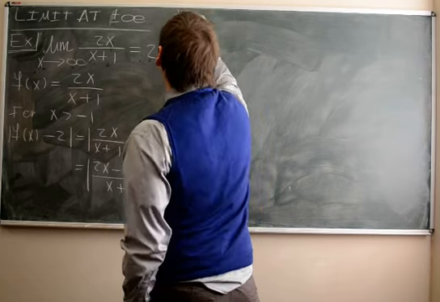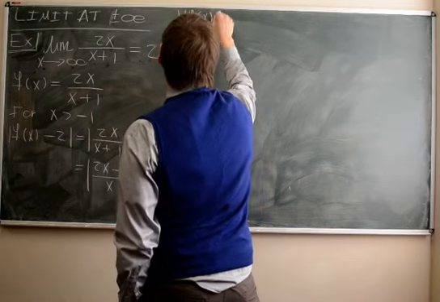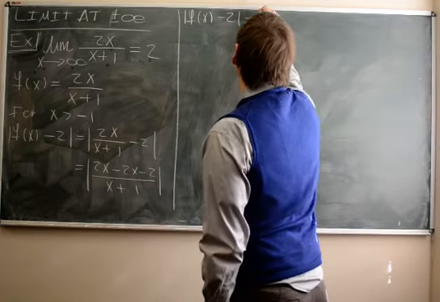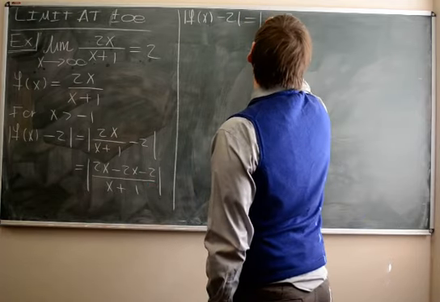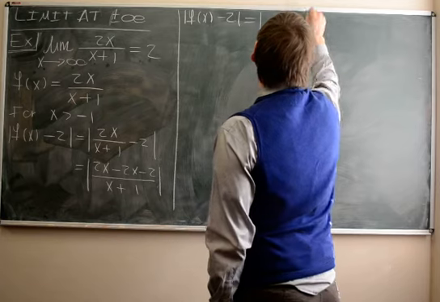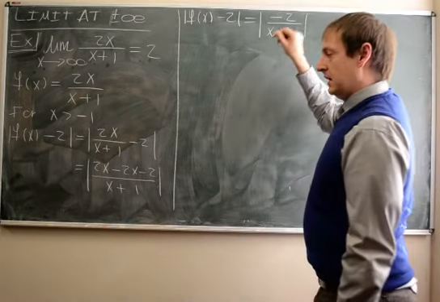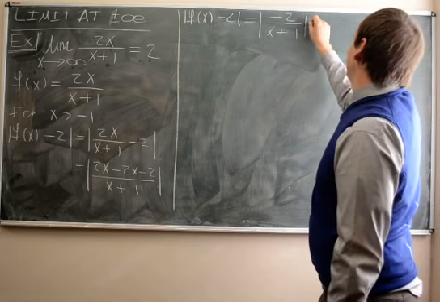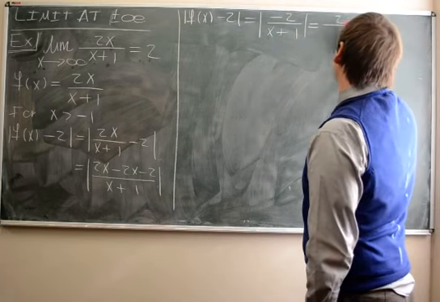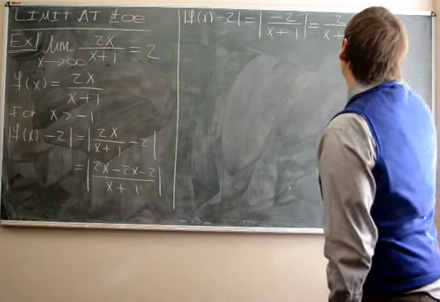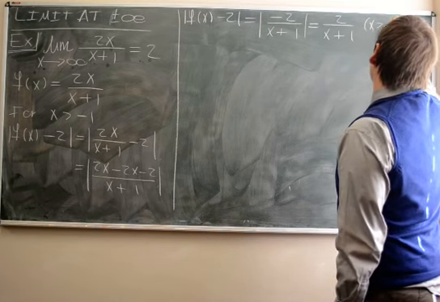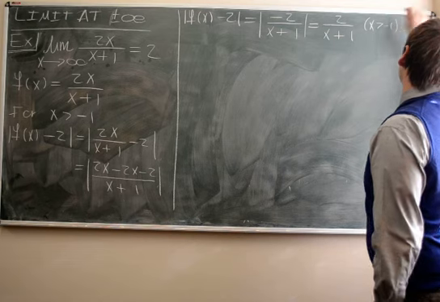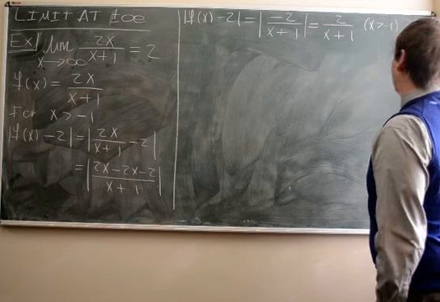You see the two x's cancel, we get absolute value of minus 2 over x plus 1. Because x is bigger than minus 1, x plus 1 will be positive, so that absolute value just becomes 2 over x plus 1. We call this equation A.